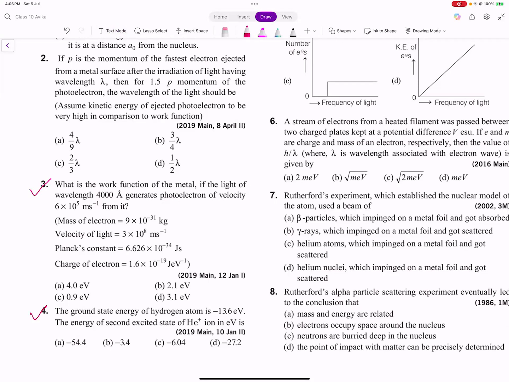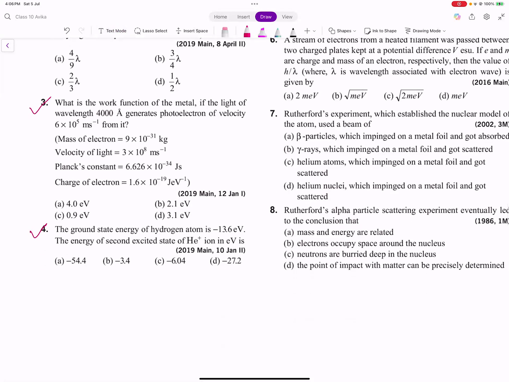Okay, we have that minus 13.6 energy of the level, Z square by n square EV, right? These are the two formulas for any level energies. This is in joule.